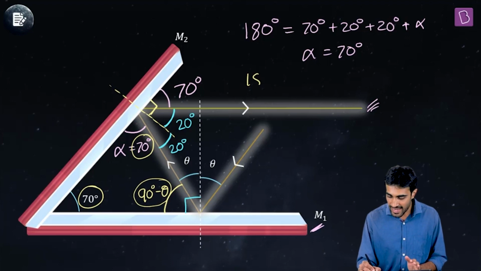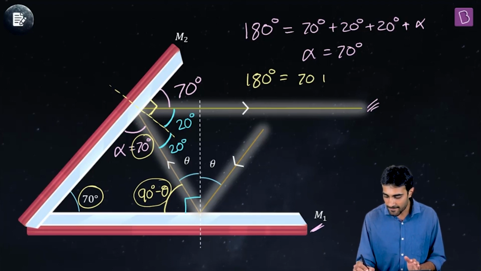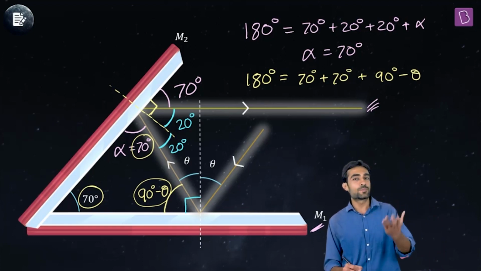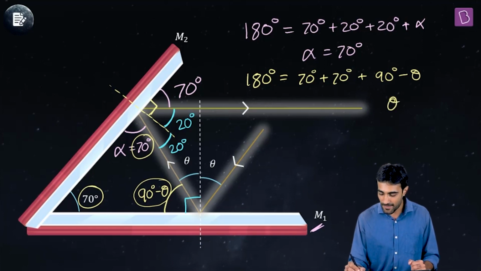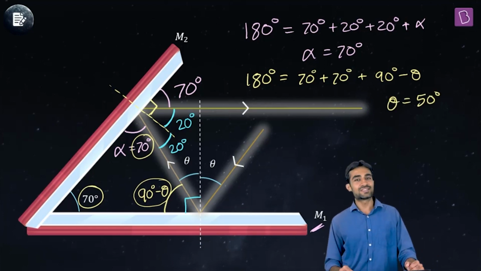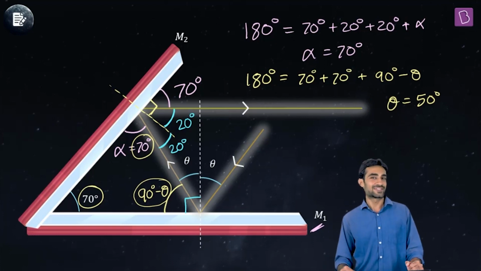So, 180 degree is equal to 70 plus 70 plus 90 degree minus theta. From this we obtain the value of theta, and theta is coming out to be 50 degrees. Can you see that? Yes, of course.